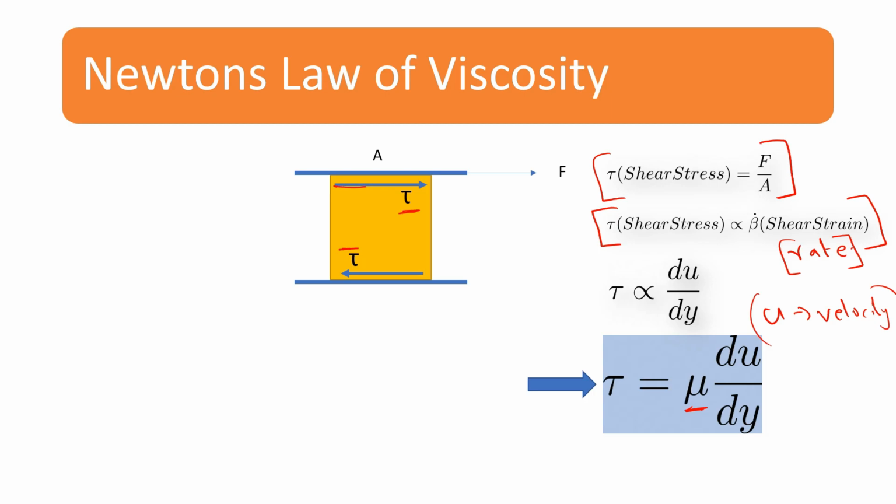The constant of proportionality is called the coefficient of viscosity or dynamic viscosity. We call mu the dynamic viscosity.